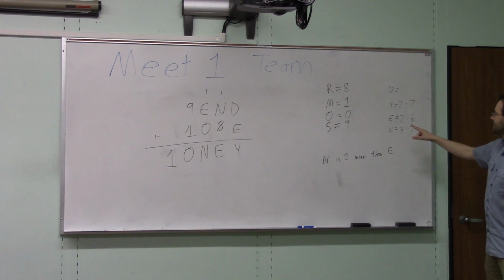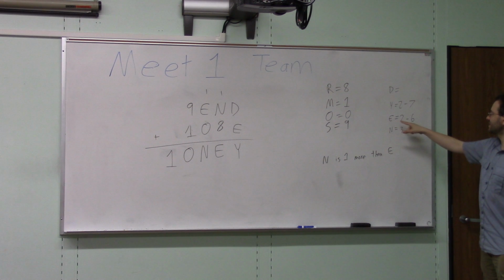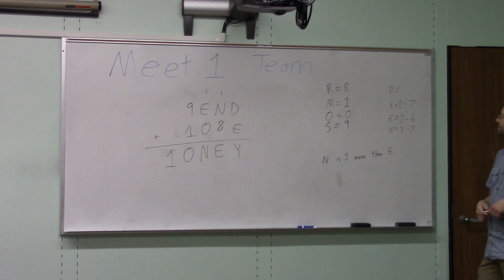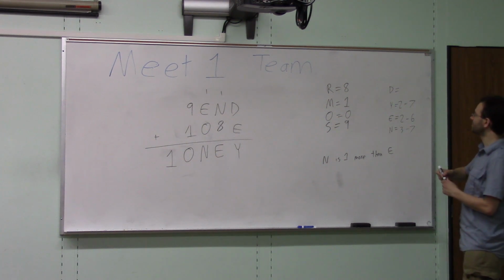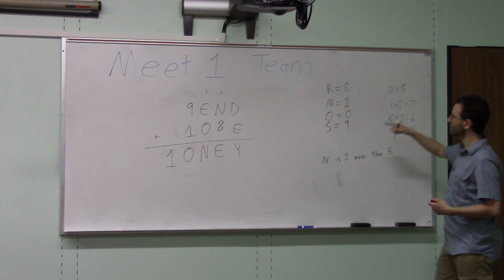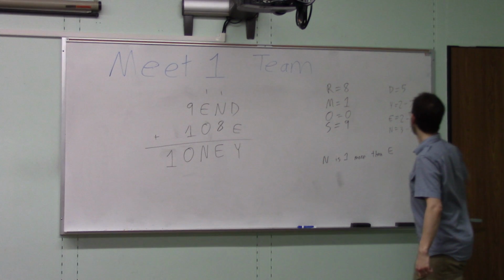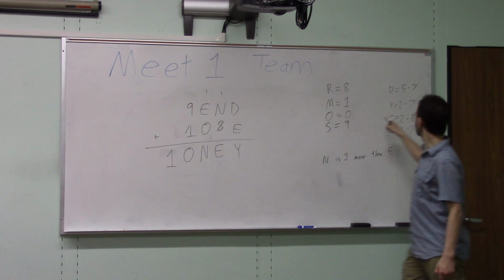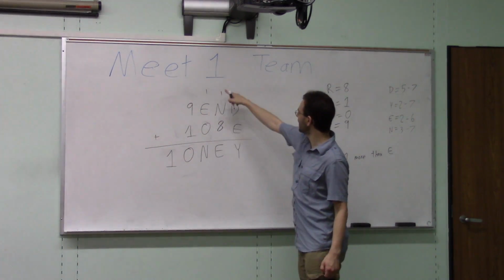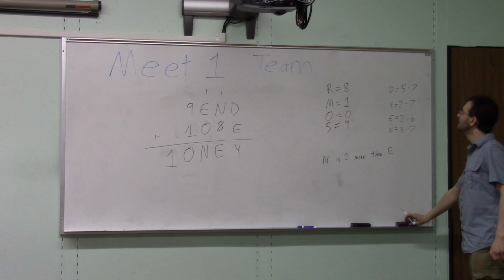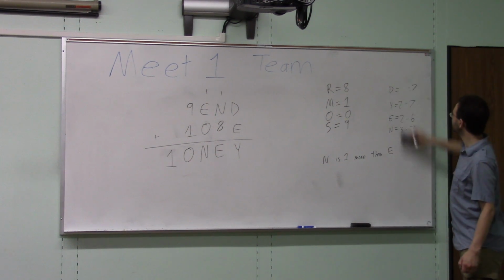Since the biggest e is 6, and d has to be big enough to carry 1, the smallest d could possibly be is 5 in order to carry 1 onward, right? 5 to 7, except for the problem that if d is 5 and e is 6, that would leave y as 1, because you'd have 11. That won't work because 1 is taken. So d has to be either 6 or 7.